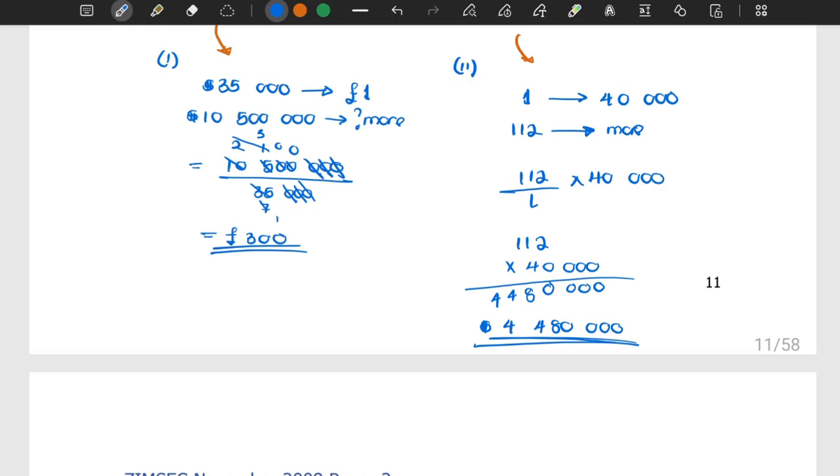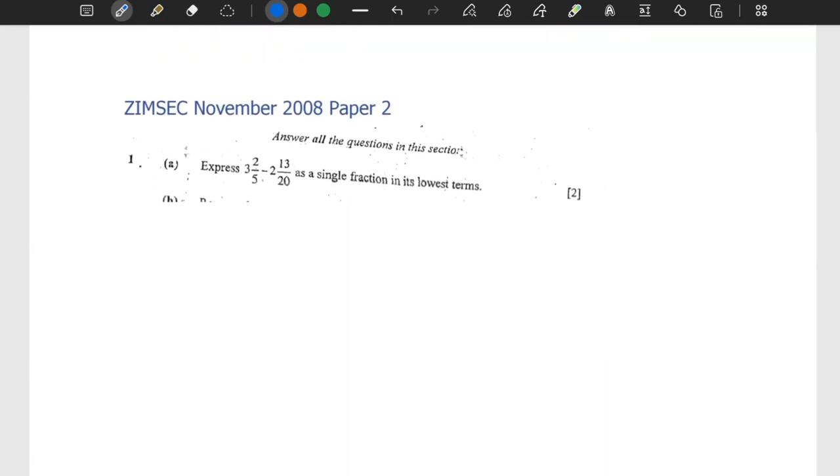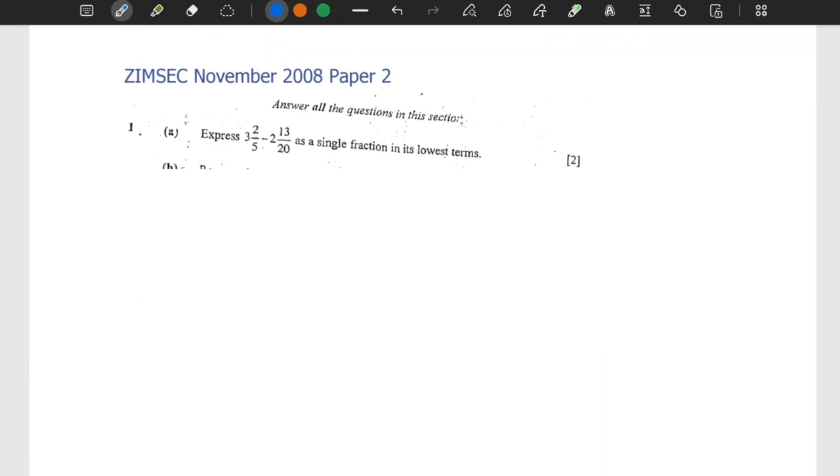And then the next question is from paper 2. So here you can use a calculator. The first question says, express 3 and 2 over 5 minus 2 and 13 over 20 as a single fraction in its lowest terms.